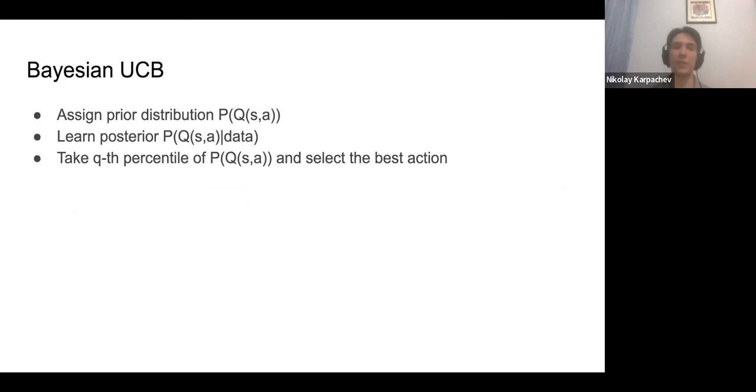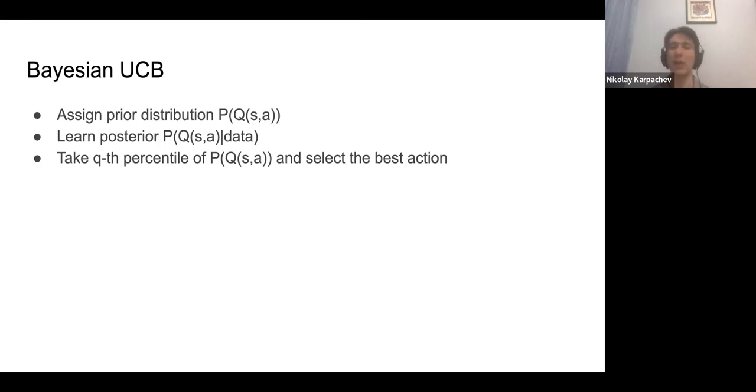There is a slight variation called Bayesian upper confidence bound. I won't go into much detail about it; if you want to, you can look it up. Basically, it's similar to the rest of Bayesian statistics.